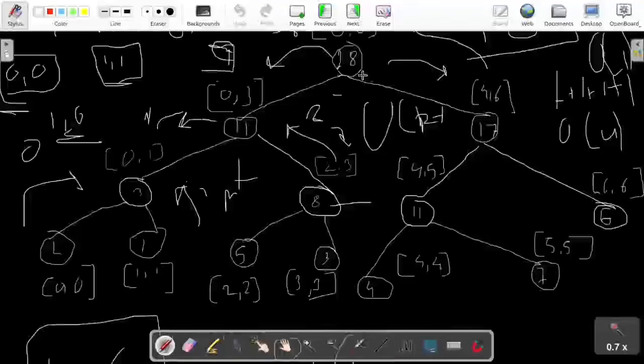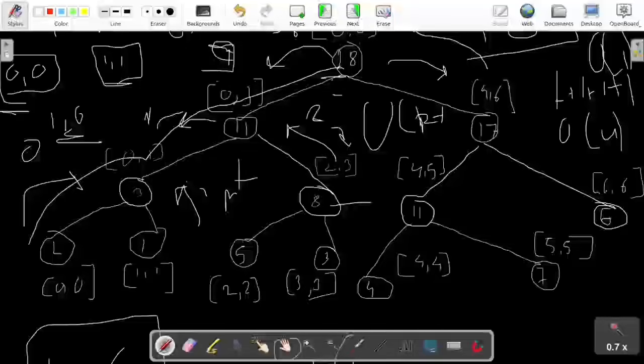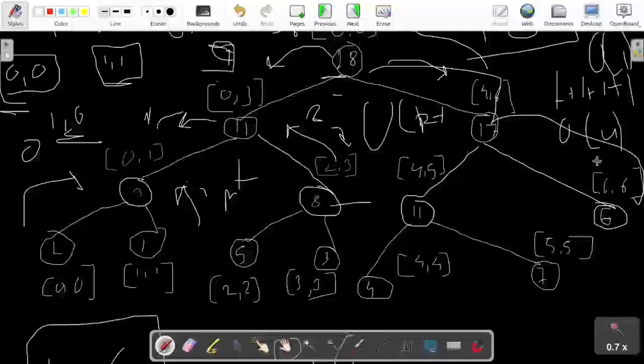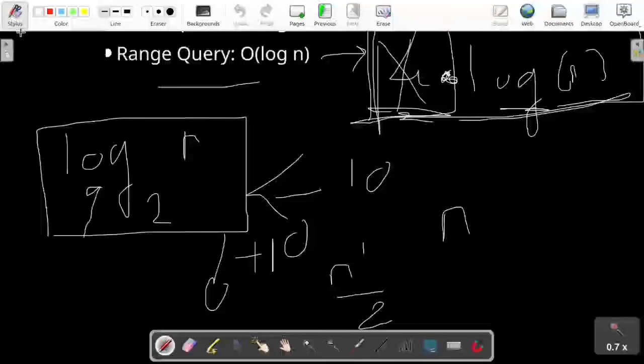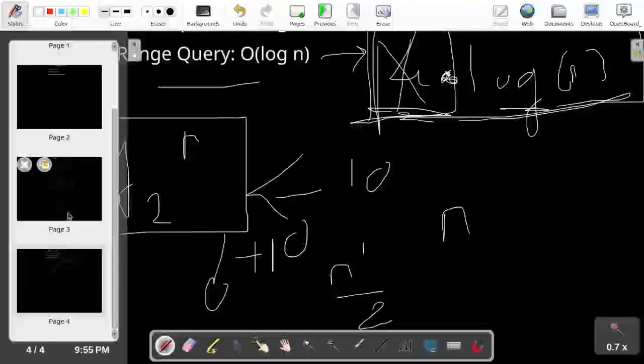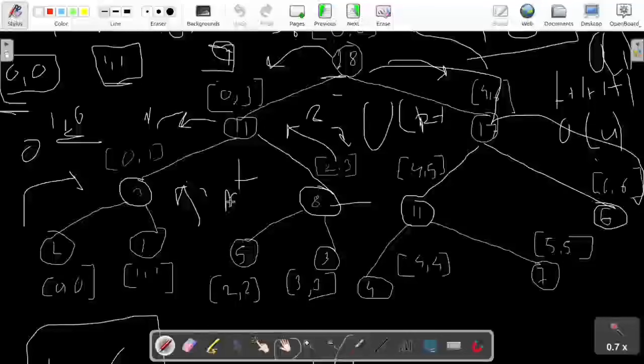Okay, what is height? Height is nothing but the maximum distance which you can travel from a root node to a leaf node. In this case, height is 3: 1, 2, 3. Here the distance is 2 from root to leaf, but we consider the maximum distance as the height of your tree. As we saw in the query part, tell me one thing, how deep will you go in the worst case?